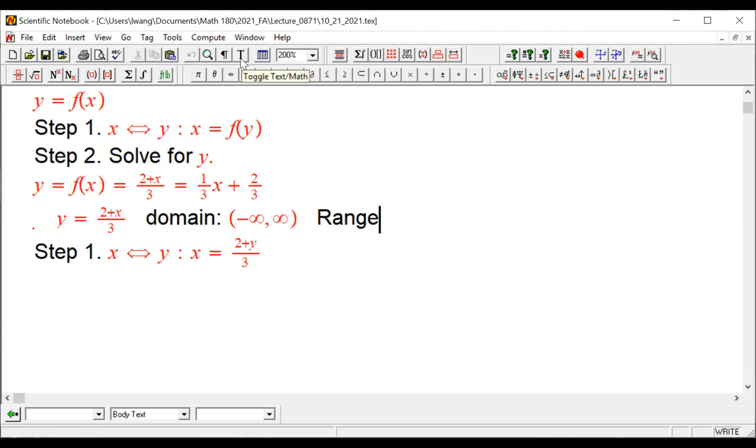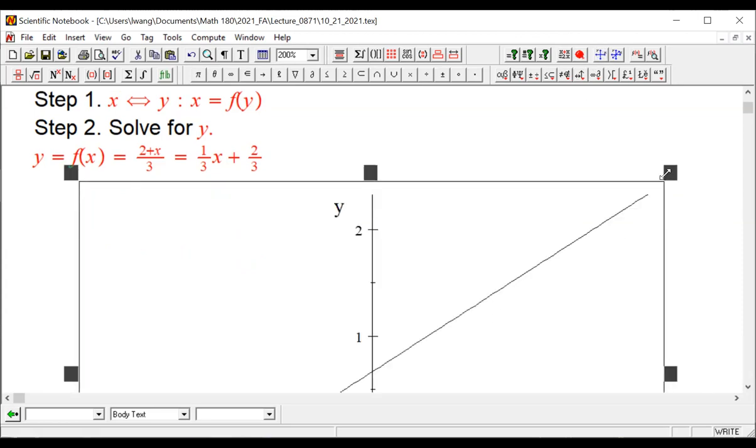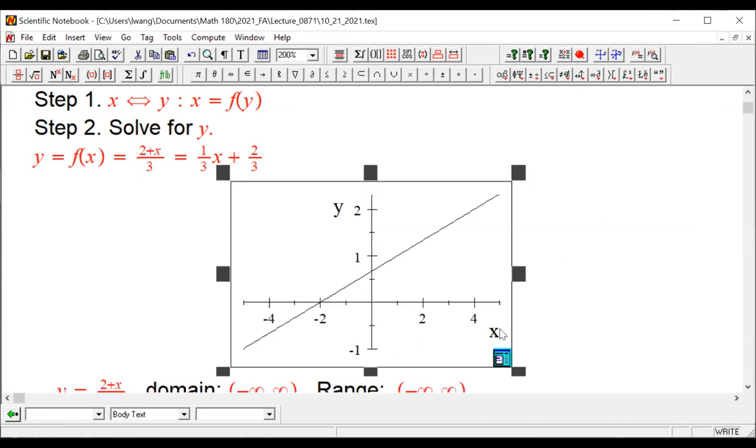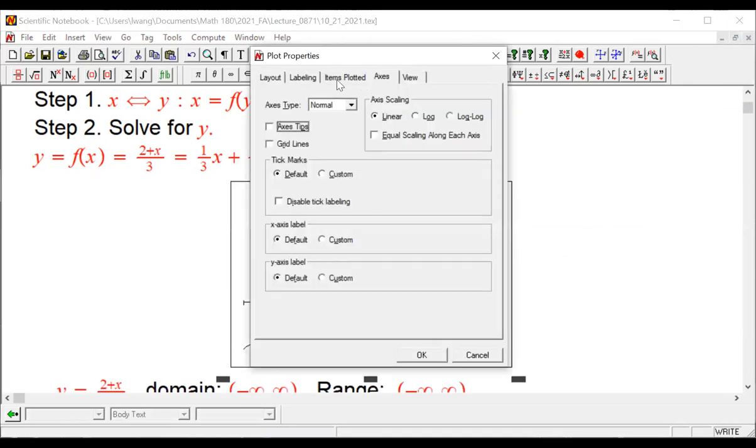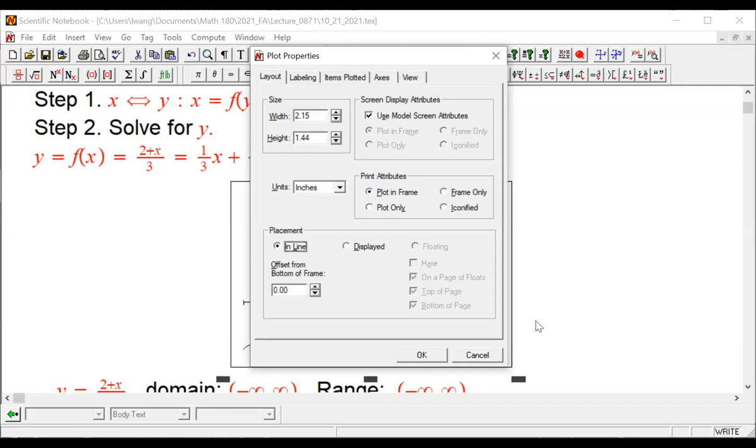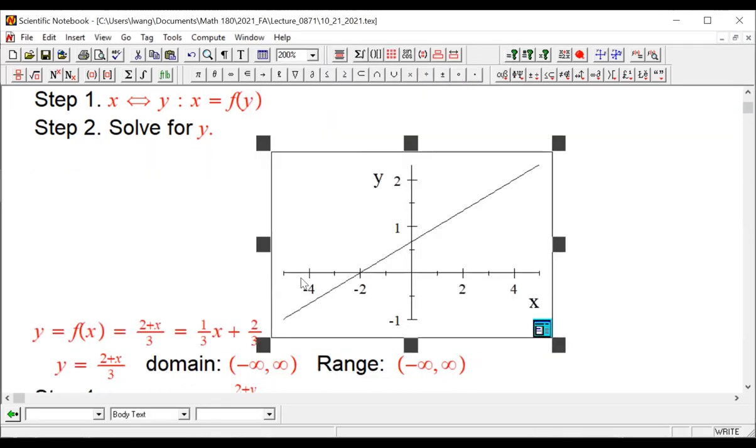You guys see that? You can quickly graph this, right? This is elementary algebra. This is a line equation. The range and domain are the same. If you quickly graph this, that's what you see. It's a straight line. So if you look at the box, the horizontal domain, all real numbers, extends in both directions indefinitely.